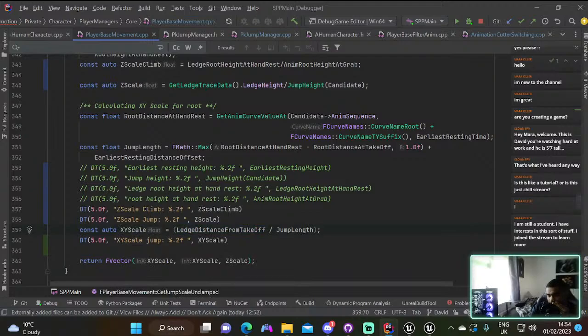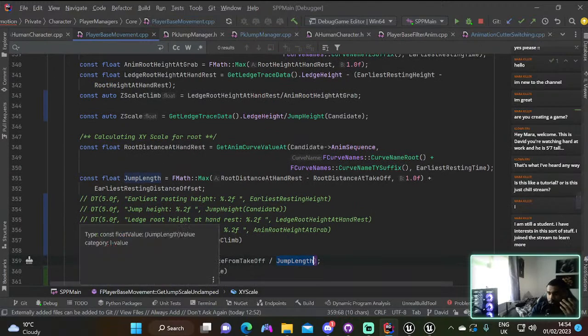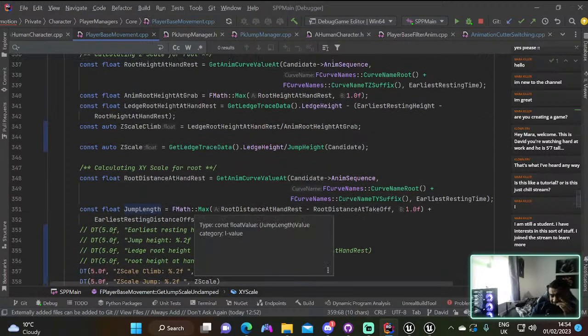Okay, let's get this all working and we can play around with it. The one thing I'm wondering about is this XY just looks off.